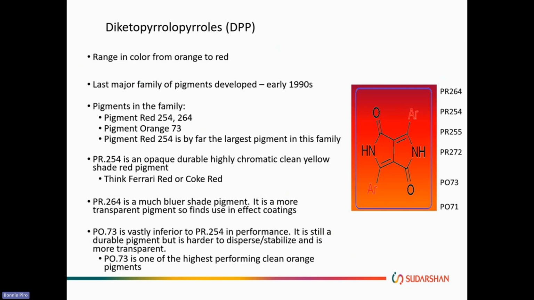And then if you take that to the bluer side, that's where the pigment red 264 will fill that space. 264 is a very good one, especially on the automotive side, because it's very transparent. So it's a great match to pair with effect pigments to allow for maximum visual effect from those effect pigments.